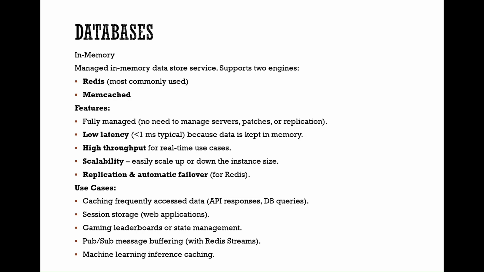For example, use cases like creating leaderboards, or a player's profile for a particular session, then we can use Redis. But Memcached is for use cases like caching your database query results, or using it for session storage. Those are some use cases for Memcached.